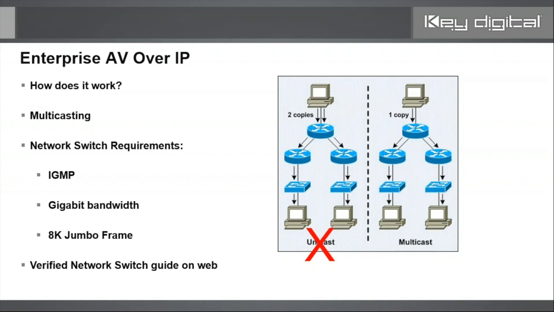So now you may think that our verified network switch, or these three requirements, may be enough. And originally Key Digital actually said, yeah, as long as it meets these requirements, IGMP, gigabit bandwidth, and jumbo frame, then you can use it. But unfortunately, that may cause problems, and we don't want you to have problems.